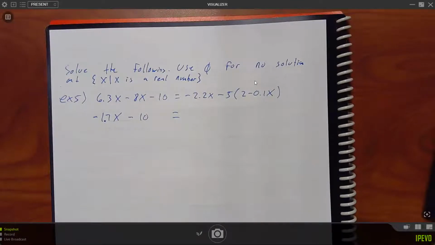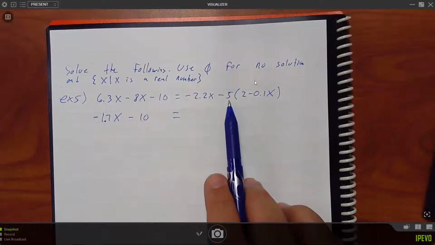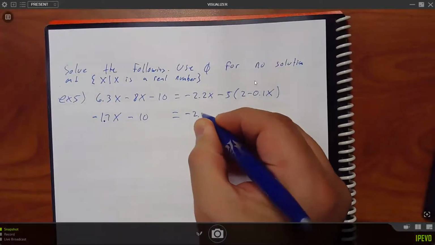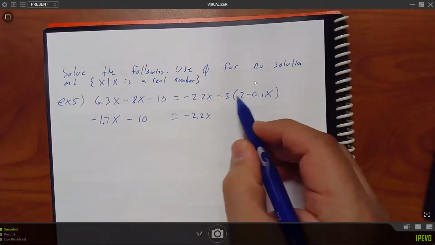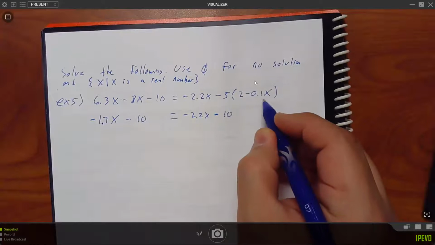Okay, so 1.7x minus 10. That part's good, right? Distribute the 5. We got to do the distribution first. So -5 times 2. -5 times 0.1.